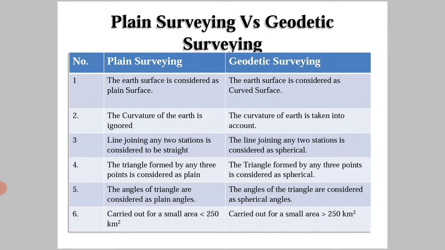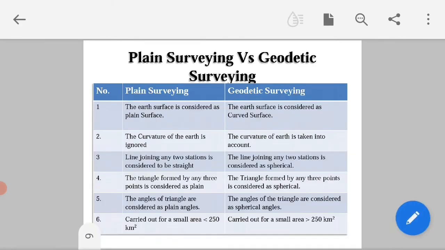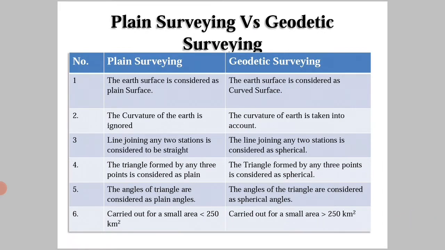In geodetic surveying, the first point, the Earth's surface is considered as a curved surface. The curvature of Earth is taken into account. Then third point, the line joining any two stations is considered as spherical, and the triangle formed by any 3 points is considered as spherical.